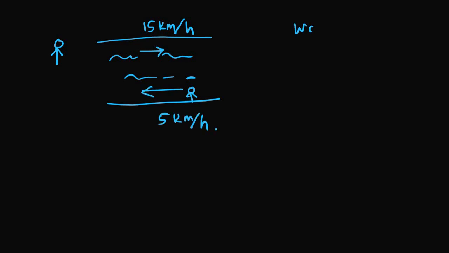So with and against, you must understand that with means the speed of the water current is also added up there. In against, it is being subtracted from the man's speed. That's why the man is slowing down, because the water current is moving him in the other direction, and the man is trying very hard to go against the river.